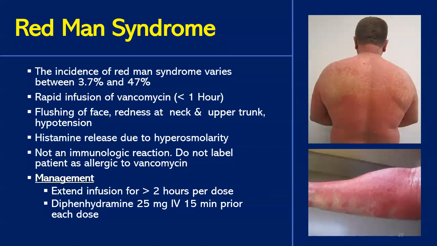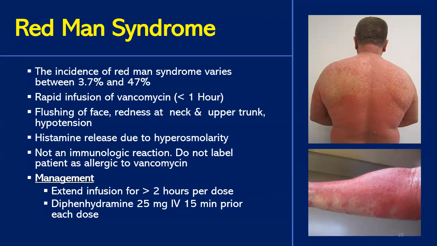It starts from the neck in the back. It's very rare to see it in the lower trunk; mostly it's in the upper trunk. And it's not an allergic reaction to vancomycin. It's more related to rapid infusion of vancomycin.